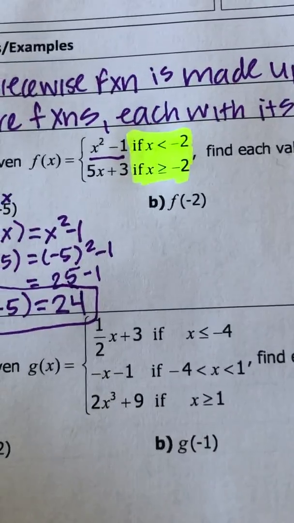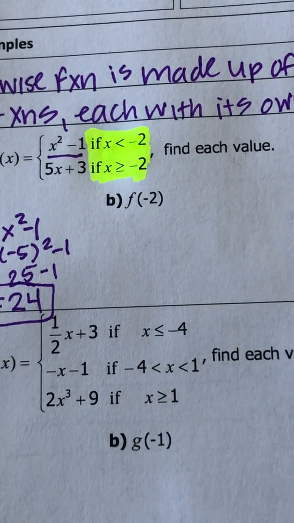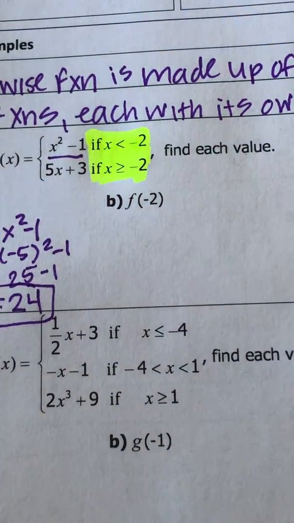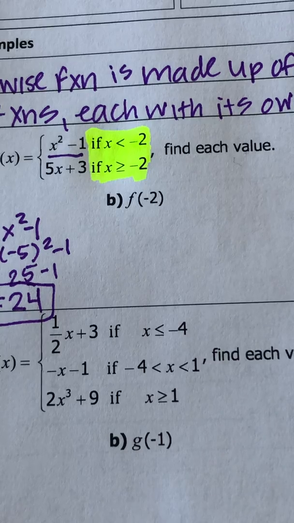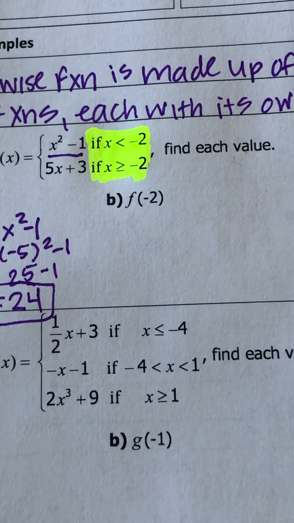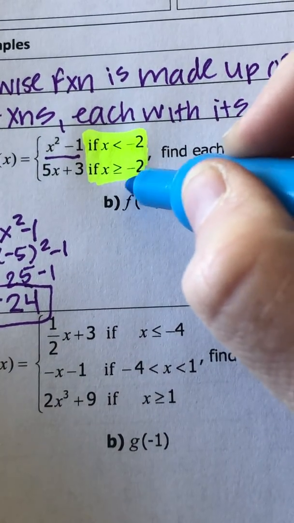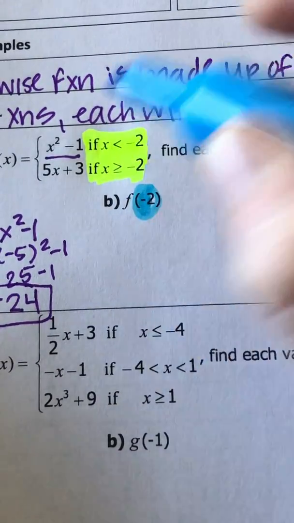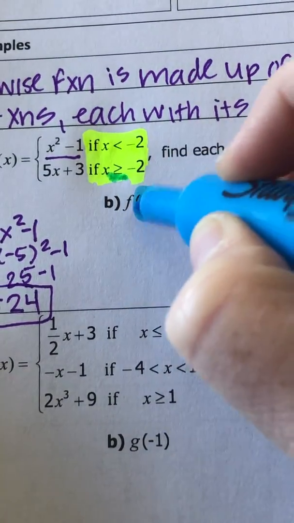Now, f of -2 is probably the trickiest one because our domains are defined at -2, either greater than or less than. But if I'm actually given -2, then I want the one that has the equals to, okay?